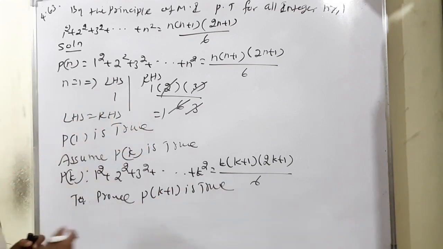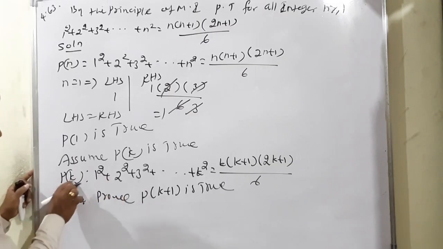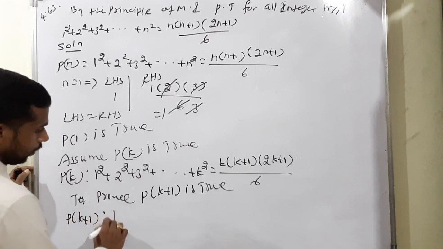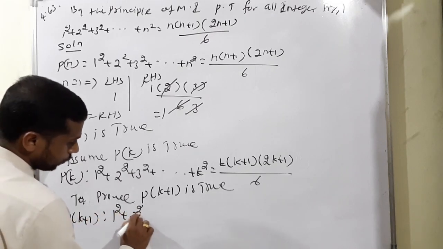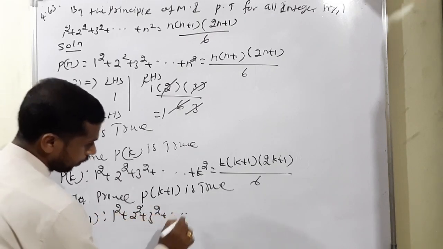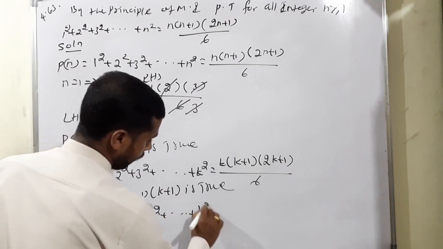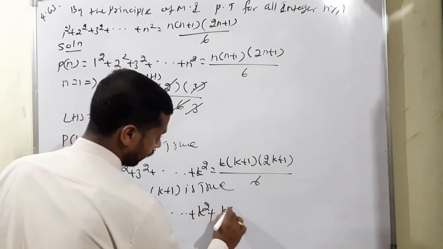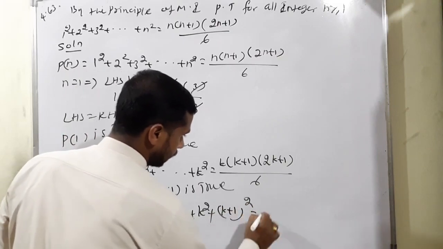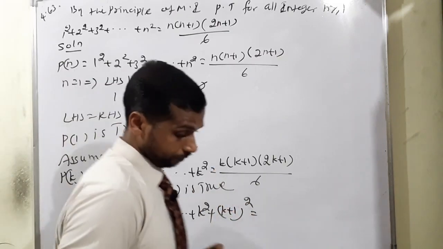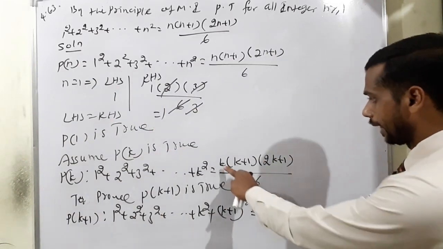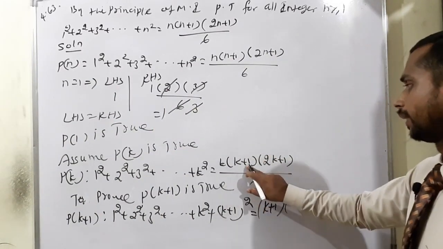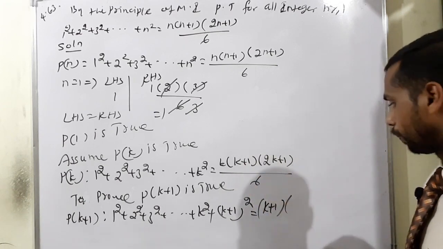What will happen? P of k plus 1 is true means instead of k we have to write k plus 1: 1 square plus 2 square plus 3 square dot dot dot up to k square, again plus k plus 1 the whole square, isn't it? On the opposite side, k we can write as k plus 1, and already plus 1 is there, so plus 1 is equal to plus 2.